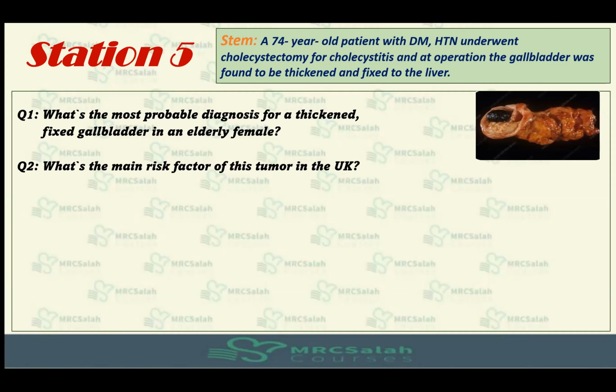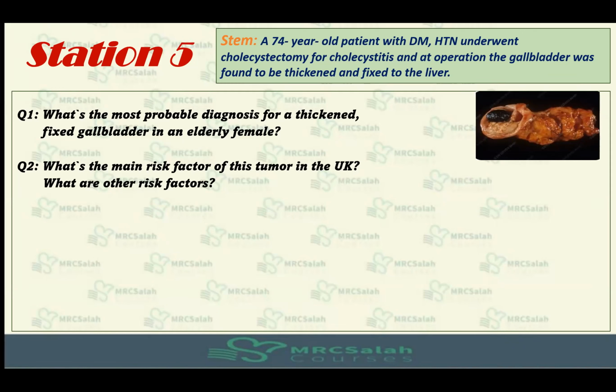In the UK, the main risk factor is chronic cholecystitis due to stones in alcoholic patients. Yes, it's gallstones, most probably chronic calculous cholecystitis. Can you please tell me the other risk factors for this patient?